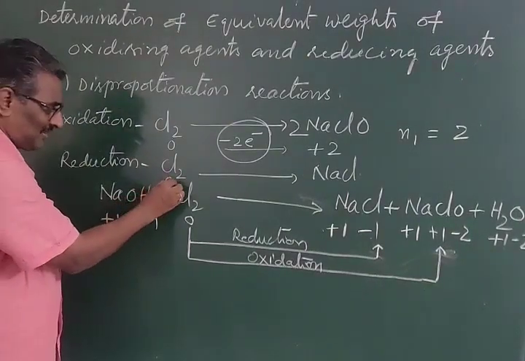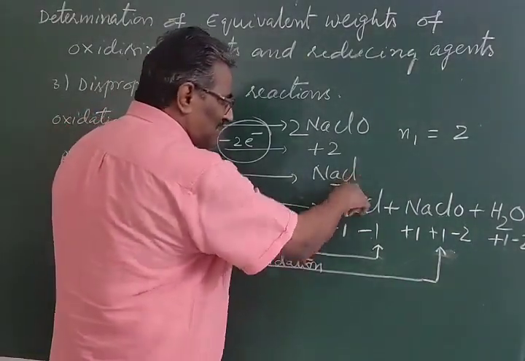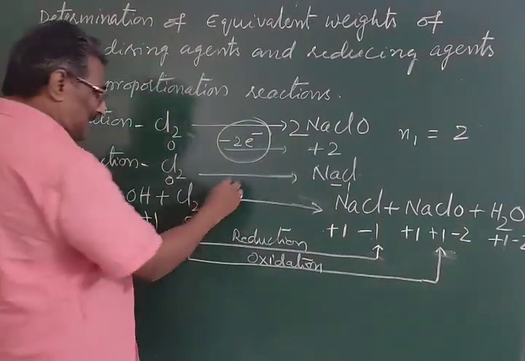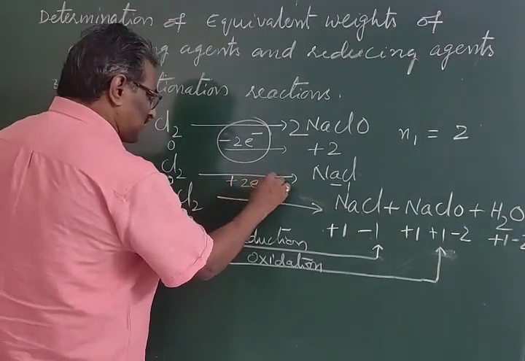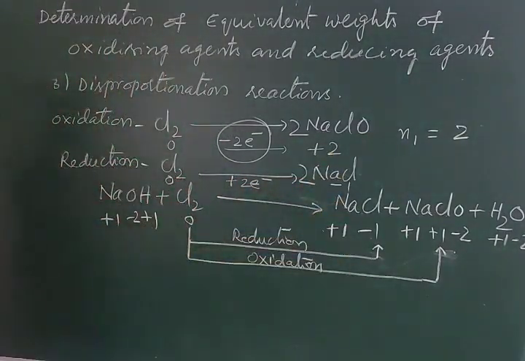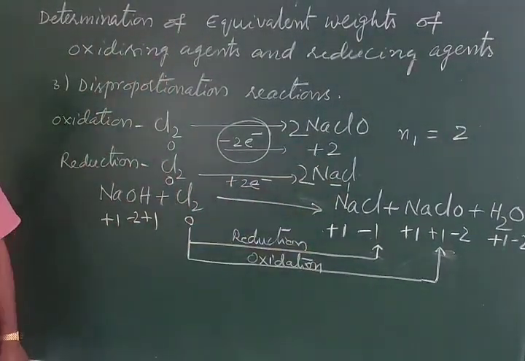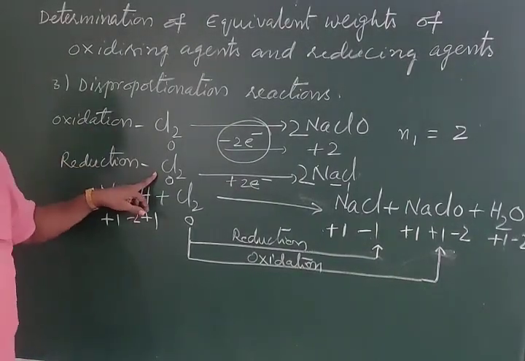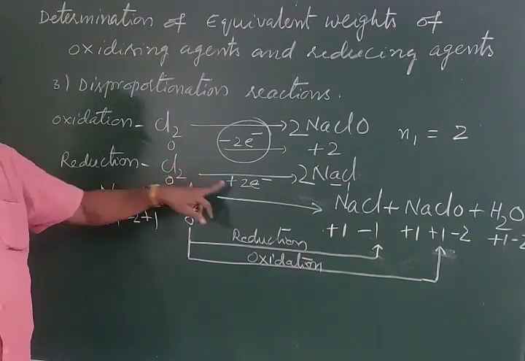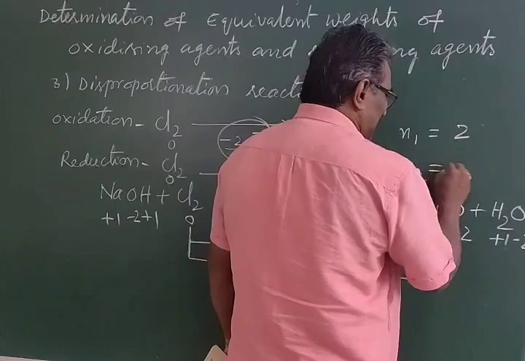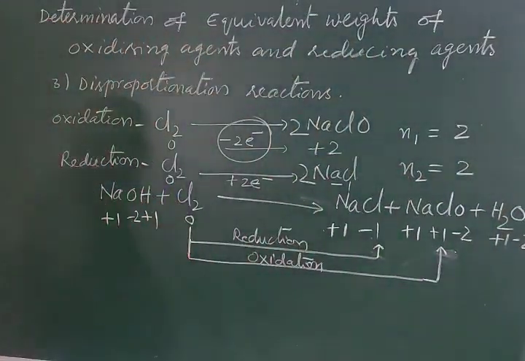Here, the oxidation state of chlorine is 0 and changes to minus 1. How many electrons are gained? The number of atoms of chlorine should be the same, so we need to multiply this by 2. So the number of electrons gained by each molecule is equal to 2. So the N factor of the reduction reaction, N2, is also 2.